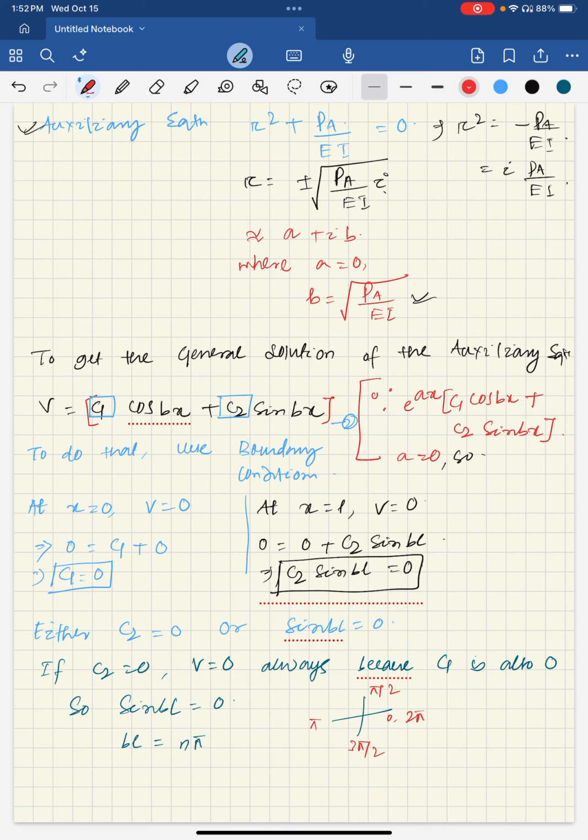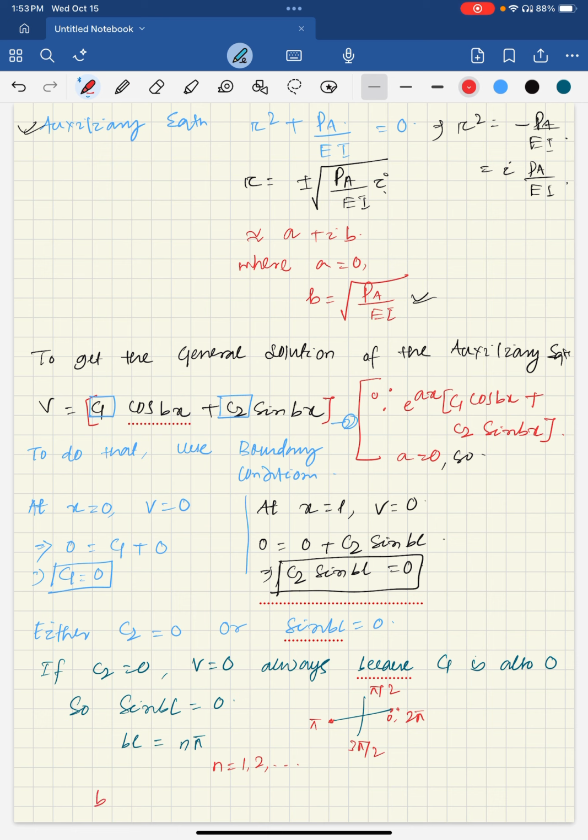So for n value 1, 2, and so on, it's going to be 0, right? So n pi, so 1 pi in this quadrant, and then 2 pi on this quadrant, again 3 pi on this quadrant, again 4 pi on this quadrant. So the sine value is 0.